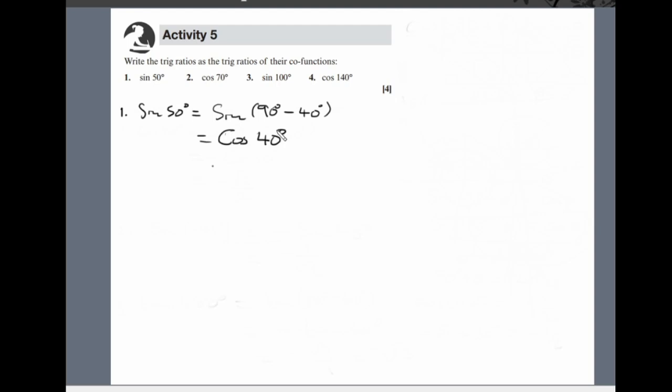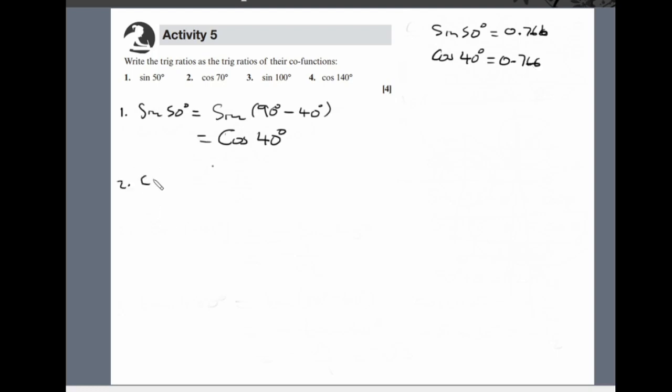To prove this, you press sine 50 on your calculator and find that it's 0.766. Then cos 40 is also 0.766. So these are cofunctions.